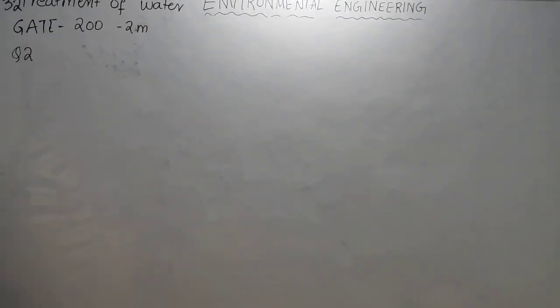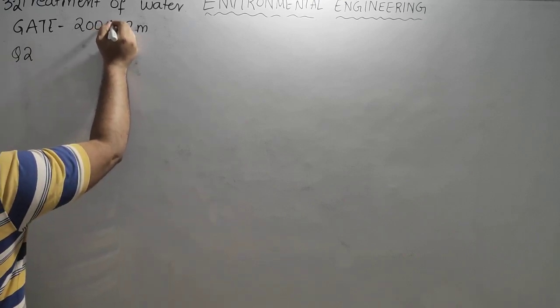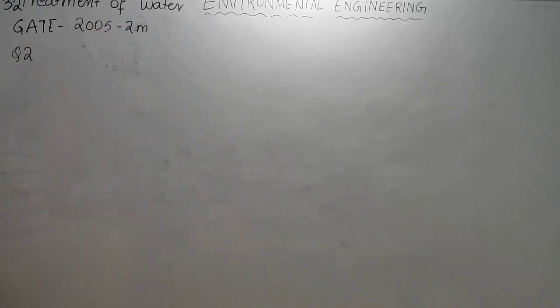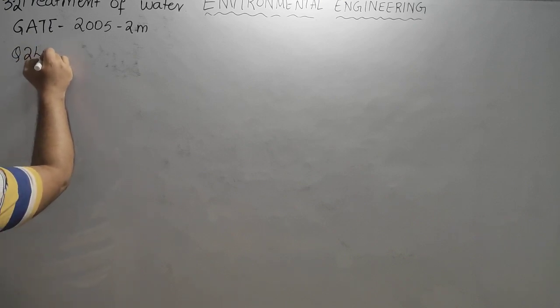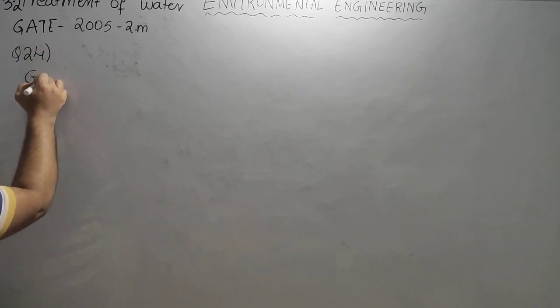So the question is like this. A circular primary clarifier processes an average flow of 5005 meter cube per day of municipal wastewater. The overflow rate is 35 meter cube per meter square per day. The diameter of the clarifier should be. A very simple question given for 2 marks. So what is the given data?